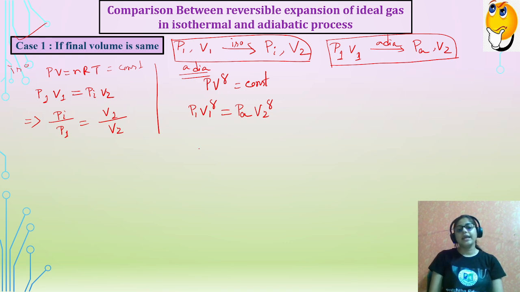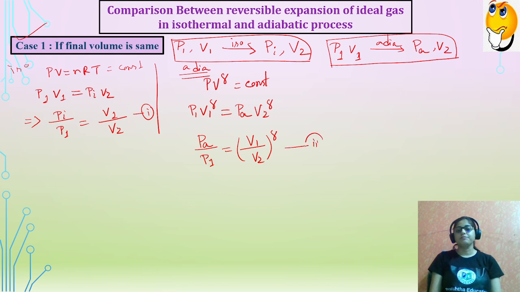Now again if we take the ratio of P final by P initial, equal to V1 by V2 to the power gamma. So this is equation number 1 and this is equation number 2.